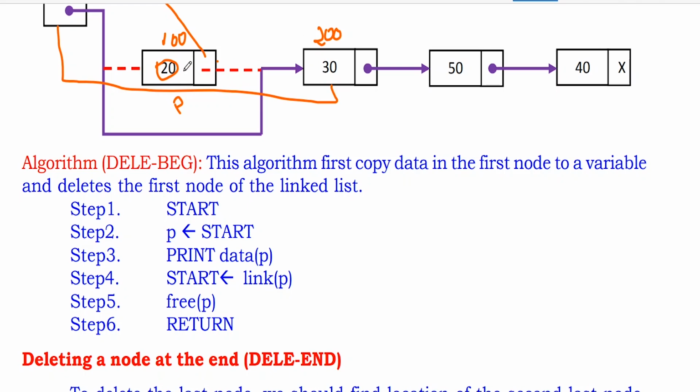It is 200. Let me write here 200. So 200 is copied to start. So what is start? 200. 200 means it is pointing to this node. Then free p, that is the delete operator. Free p, don't write start. So this p has to be deleted and released from memory. So we have a linked list with only 3 nodes. This is how we are going to do the deletion of the first node.